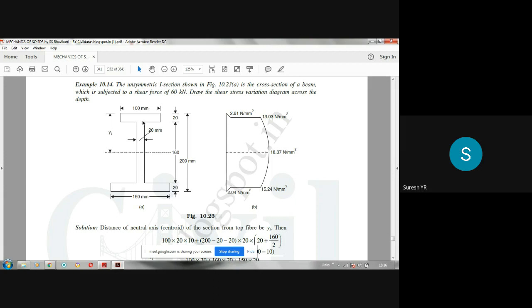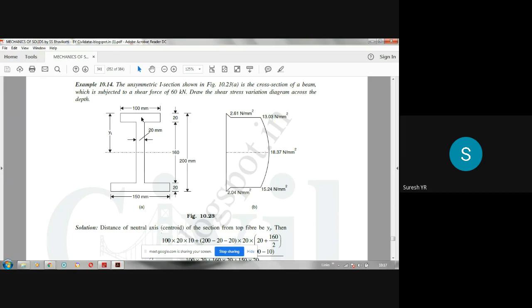And A into y bar, you should be very careful. When you are calculating A into y bar at this junction, for the area above it, we have to take 100 into 20 into the distance of the centroid of that area from the neutral axis.